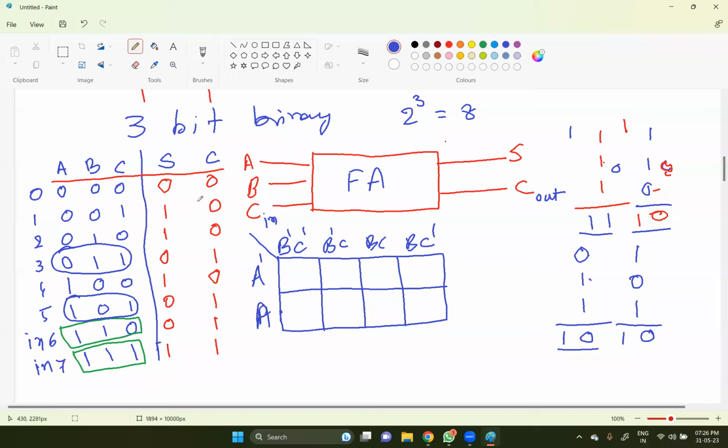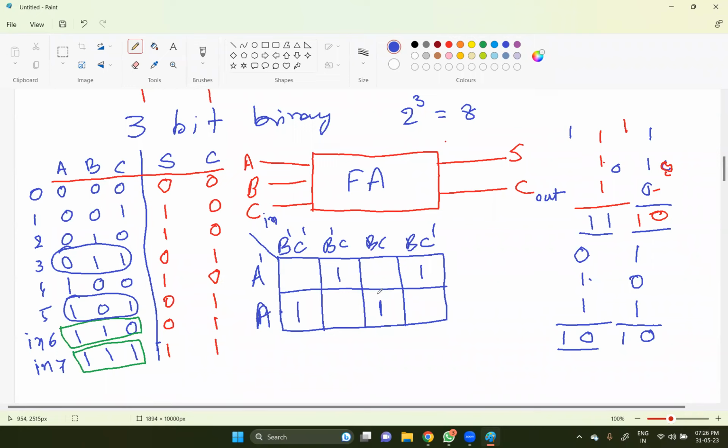The sum will be available at 1, so 0 and 1, here it is 1. The sum will be available at 2 as well, so this is 2. Then the sum will be available at 4, so 0, 1, 2, 3, here it is 4. And the sum will be available at 7, so here it is 4, 5, 6 and 7, this is 7 here.